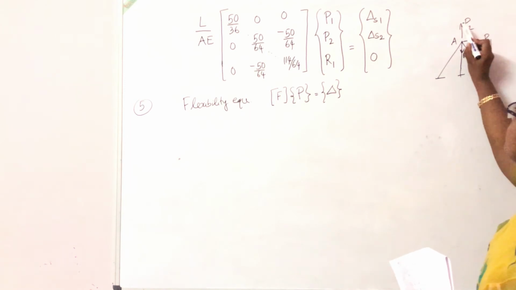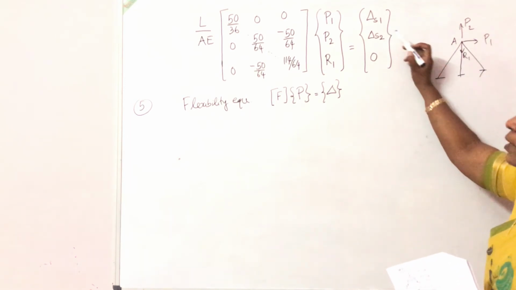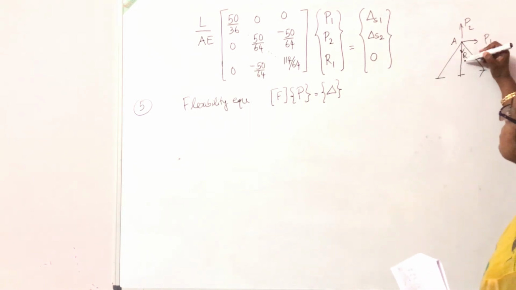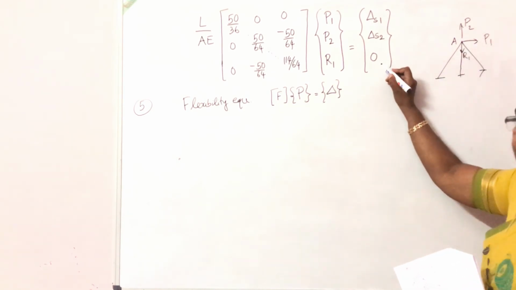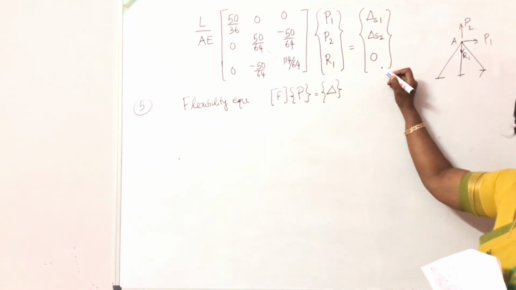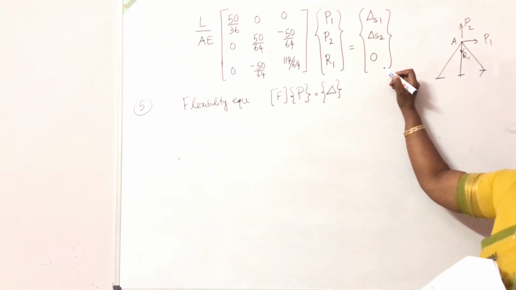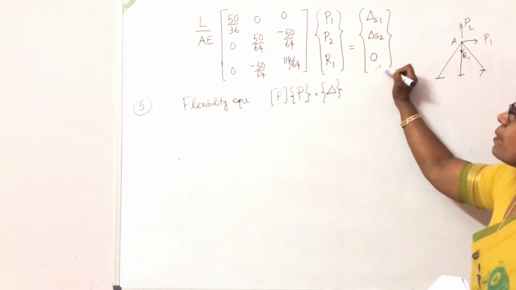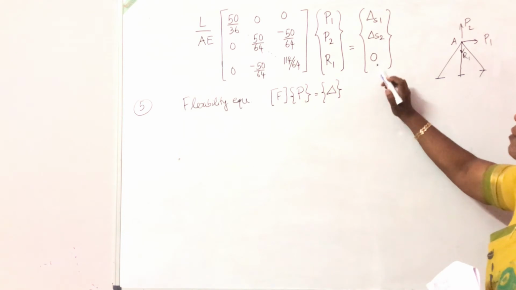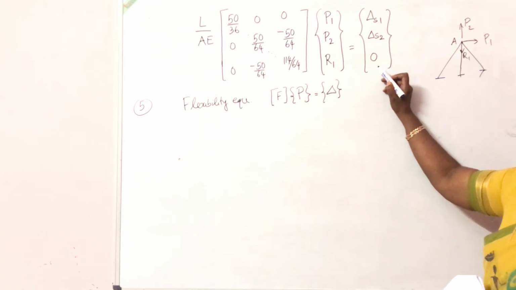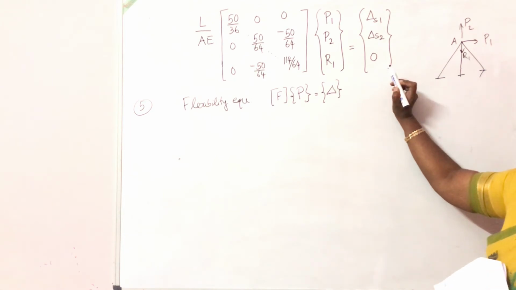Displacement of the joint in the vertical direction is delta S2, and displacement of the original structure in the direction of the redundant is 0, because only if there is any lack of fit, if the member is slightly in excess in length or short by length, will this have some value. Otherwise, the displacement in the place of the redundant is equal to 0.